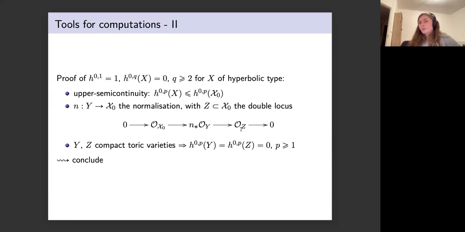Because you know what the double locus is, which is just a compact algebraic variety, and you also know the normalization, you can do the rest. And then for H1P, it's really a combination of these two, but it becomes more involved. We stopped there because already at that point it was more complicated.